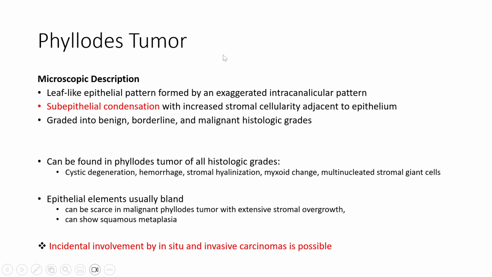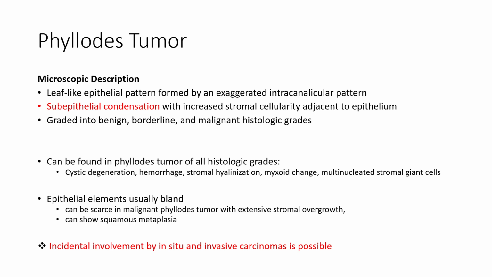Microscopic features are just like what we see in the stroma of fibroadenoma, but the epithelial component, the glandular component, does not proliferate. And one characteristic feature at low power, you will see this leaf-like structure. That's the key.